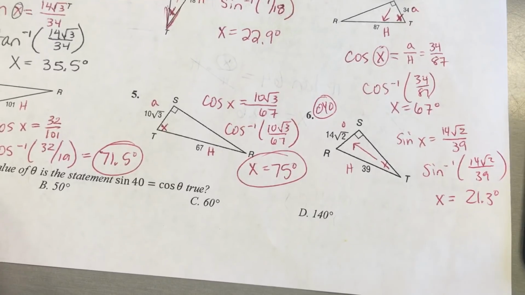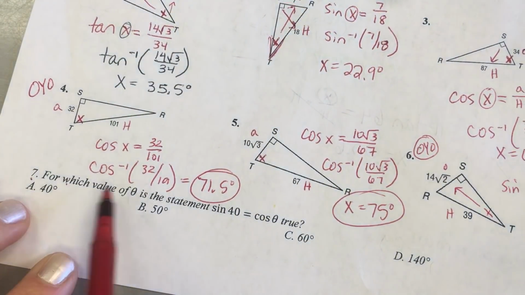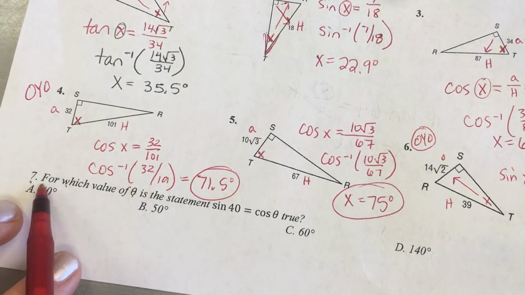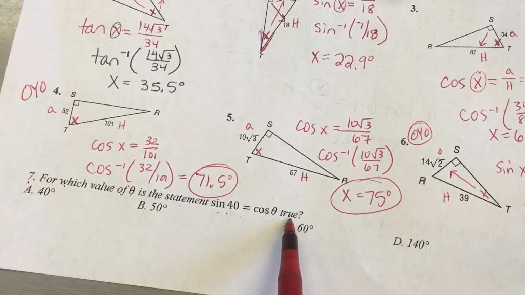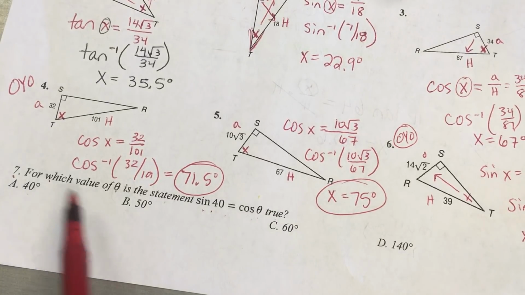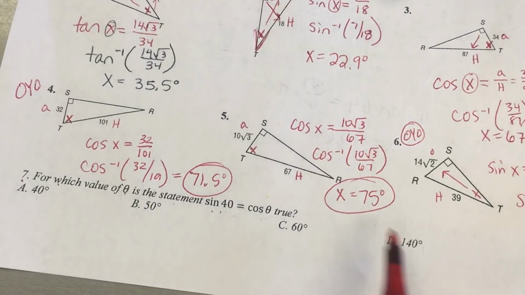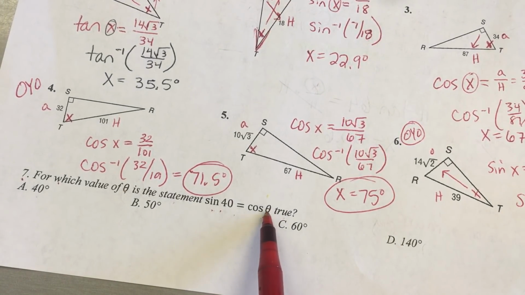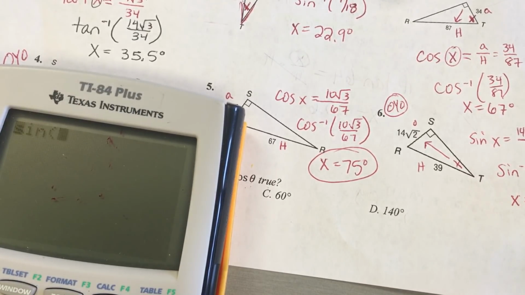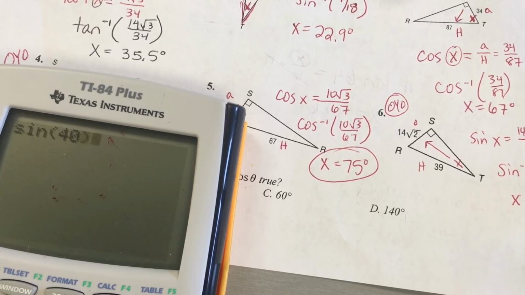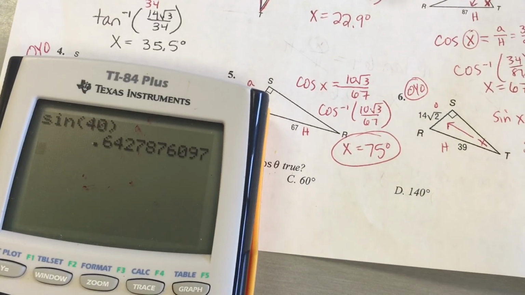All right, last one. For which value of theta, that's how you pronounce that, is the statement sine of 40 equal to cosine theta true? All right, for each of these, we're going to plug them in right there and see if we get a true statement. So sine of 40 gives you that.